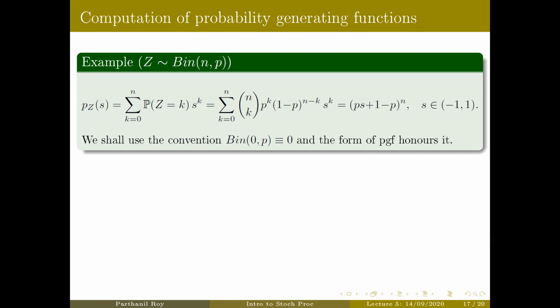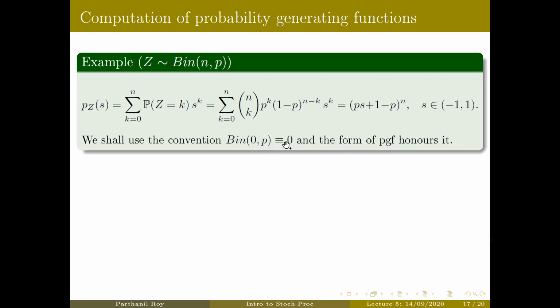We shall use the convention that binomial 0 comma p, for any p strictly between 0 and 1, is the random variable 0. Interestingly, the form of this PGF actually honors this convention. Why?